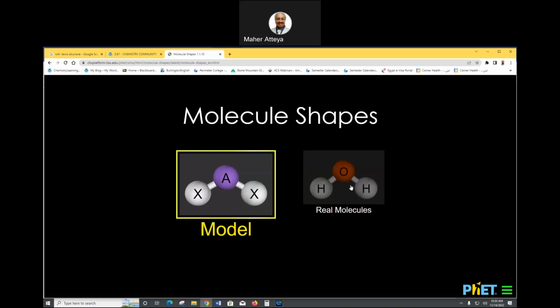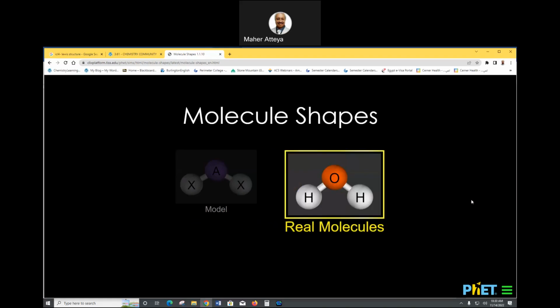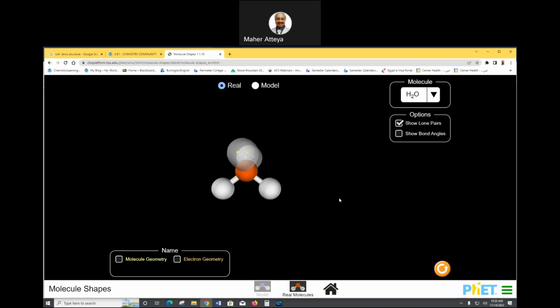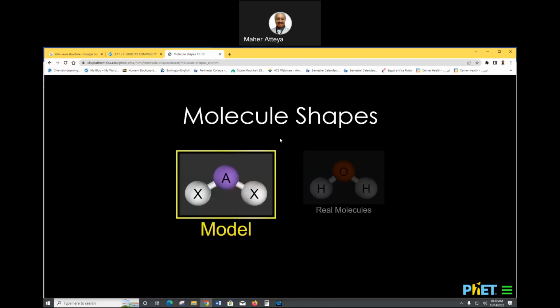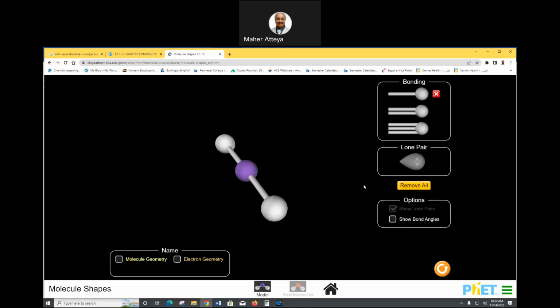So we can do real molecules, correct? Let's click on it, and you can see how the whole thing is. But I like to go back and look at the model itself. Let me take the model to show you how I build. This is 2 atoms, correct?